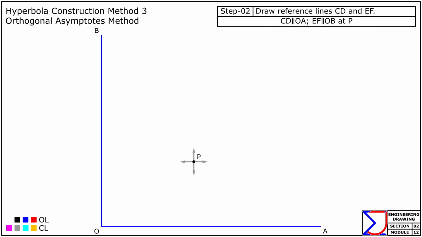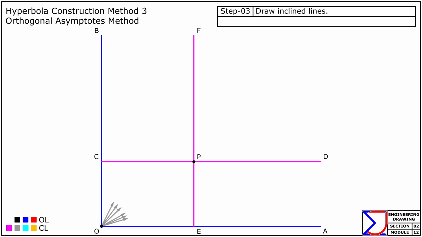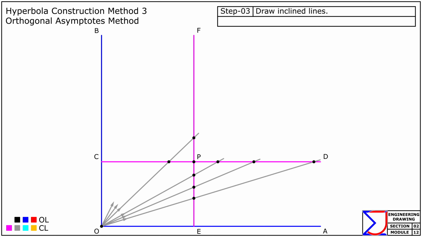Next, draw reference lines parallel to OA and OB, passing through point P, to form a grid framework. Now, from point O, draw several inclined lines, for example, 6, spaced at convenient, not necessarily equal, intervals to intersect the reference lines. And mark the points accordingly, as shown.